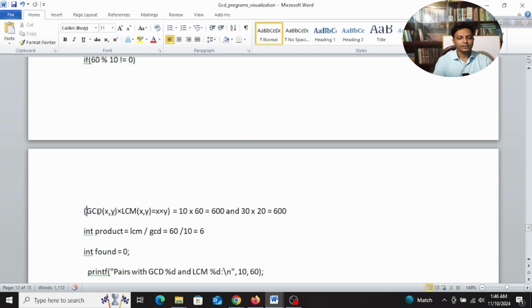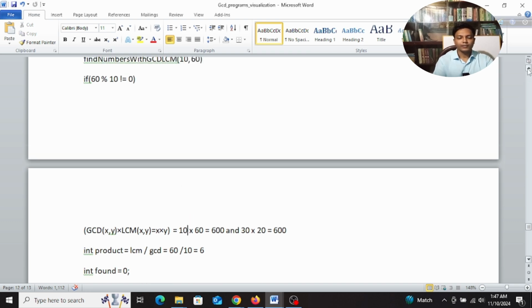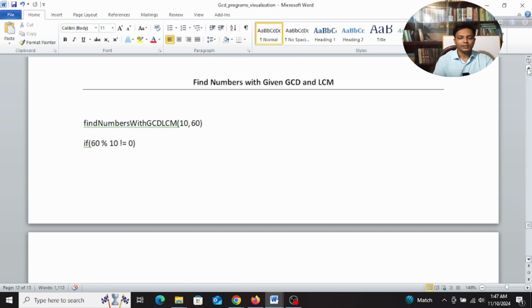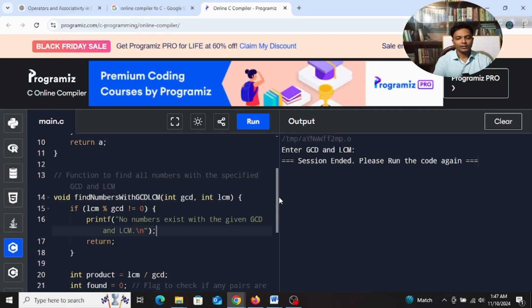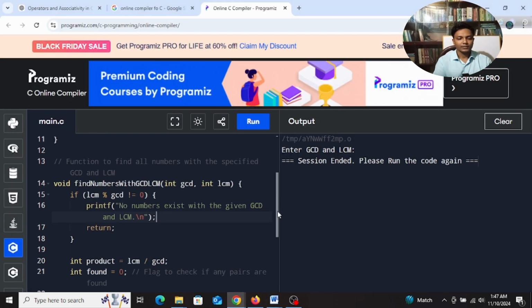Here's the formula: GCD of x, y into LCM of x, y equals x into y. That means LCM must be evenly divisible by the GCD. We can definitely say that, because multiplying them gives us the same result. I hope you understand this.